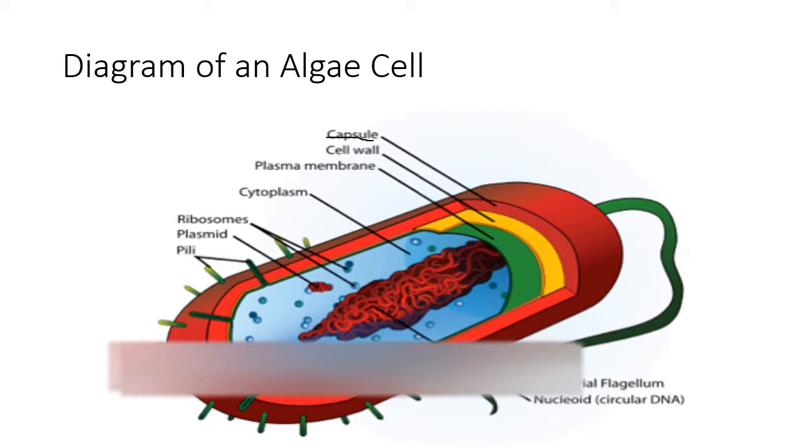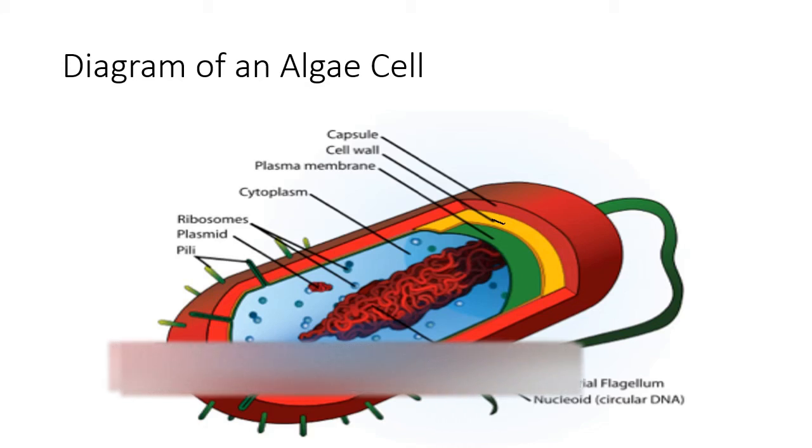And just below the surface of the capsule, get an eraser here, just below the surface of the capsule is the cell wall here. And this is indicating that the entire area just below the surface of the capsule is where the cell wall is, not just this little area here.